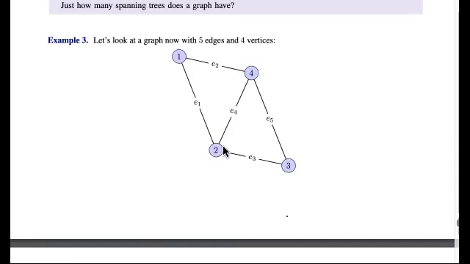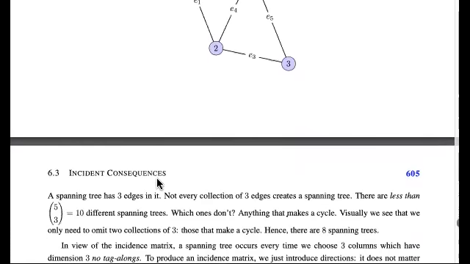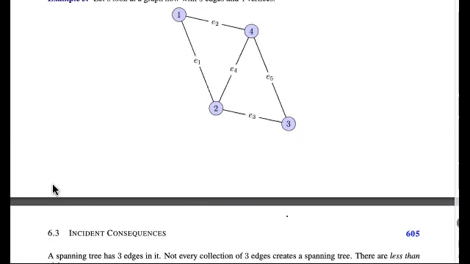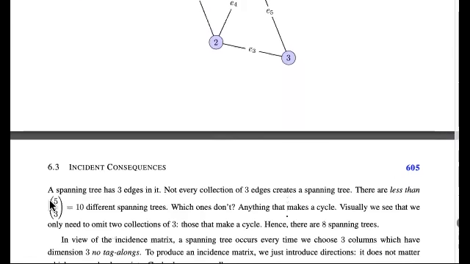So not every group of three does it. From five edges we choose three, five choose three, so there's less than 10. We know there's less than 10, so we keep that in mind.